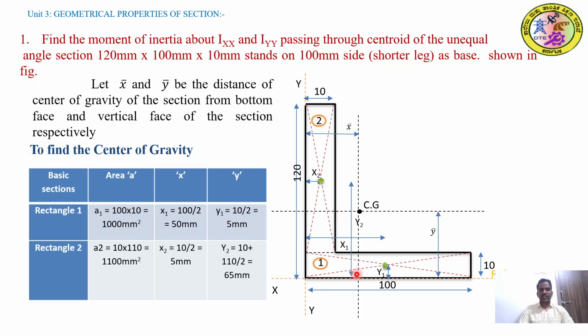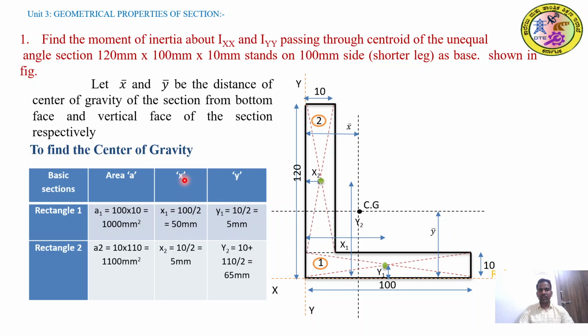By considering the first rectangle, first we need to find out the area of the rectangle, that is 100 multiplied by 10 millimeter, width multiplied by depth, 1000 millimeter square, and the x distance, that is x1, with respect to the y axis. As you can see, all the x distances are measured with respect to the y axis, and all the y distances are measured with respect to the x-x axis.